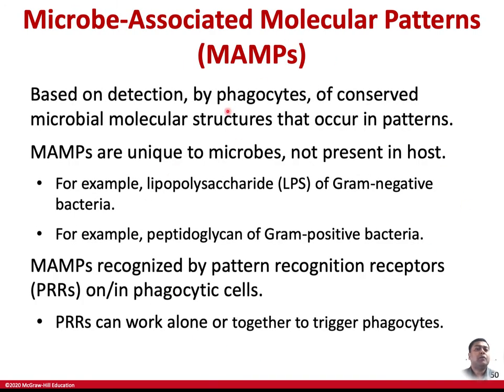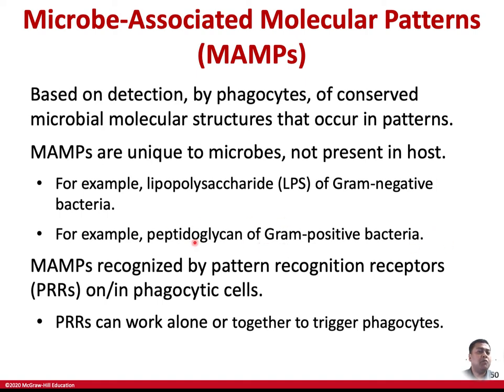The next thing we are looking at is detection for phagocytosis by conserved microbial molecular patterns, molecular structures that occur in patterns. MAMPs are unique to microbes but not present in the host. As we talked about, they could be lipopolysaccharide of gram-negative bacteria. Lipopolysaccharide is not present in a host. Another example is peptidoglycan of gram-positive bacteria.